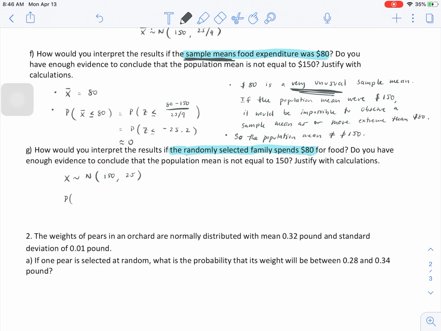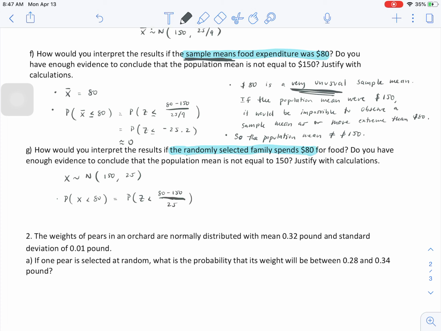So we want to figure out what percentile 80 is at relative to the population distribution. So I convert this to a standard normal. I do 80 minus 150 divided by the population standard deviation, which is 25.